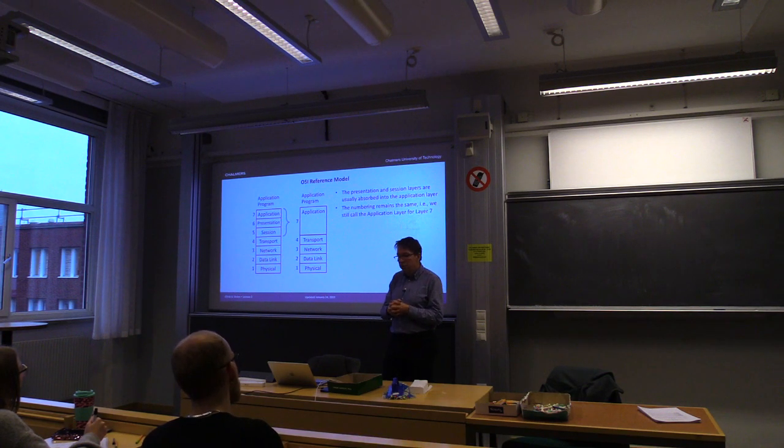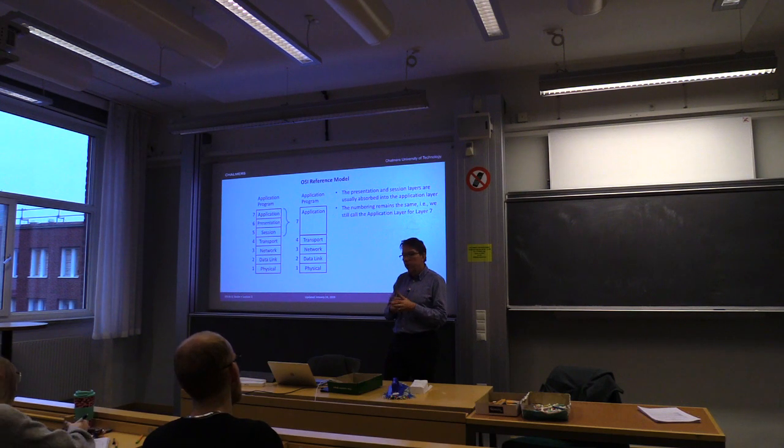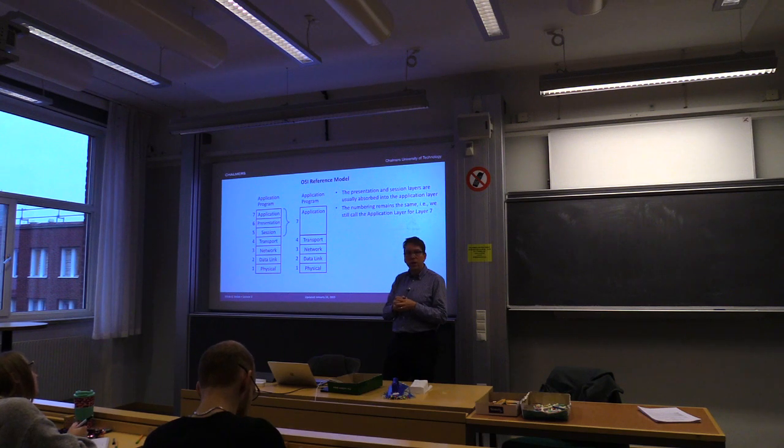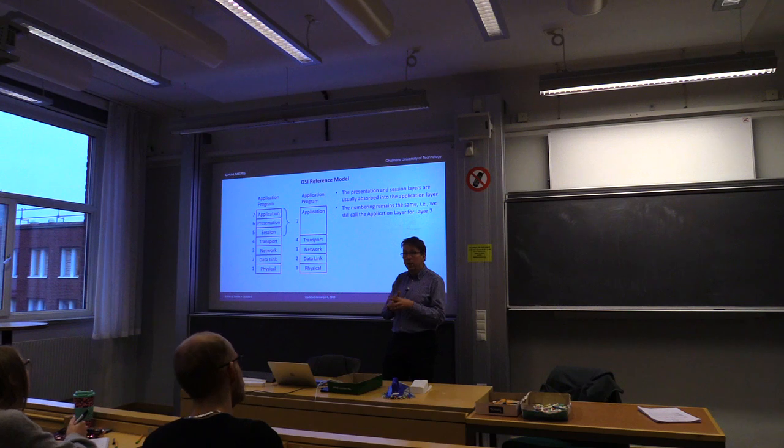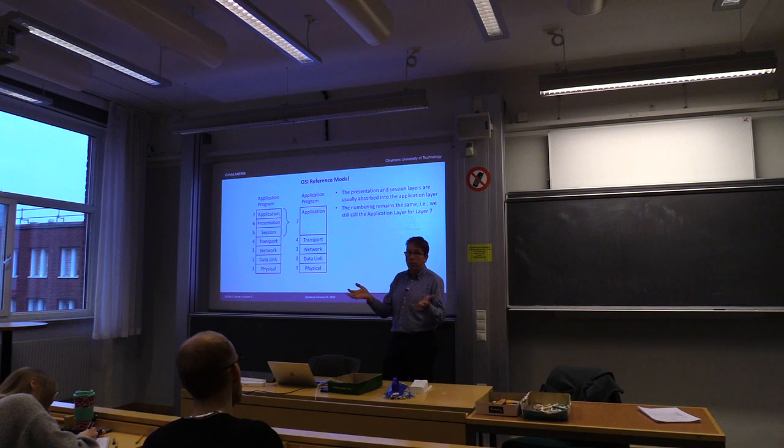So layer 5 and 6 are typically merged into layer 7. So all of that is now called the application layer. But for historical reasons, that kept the number 7. So sometimes when people talk about layer 7, they mean application layer. But then there is no layer 5 and 6. They are absorbed in layer 7. So the layer below layer 7 is actually layer 4, right?